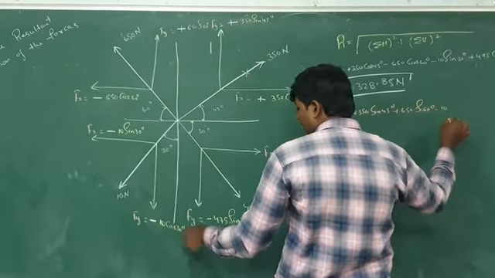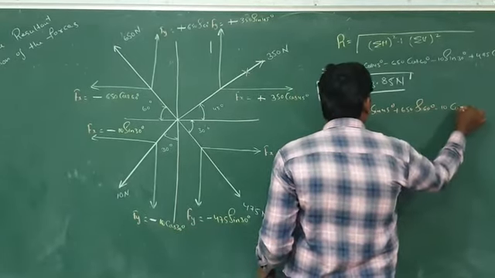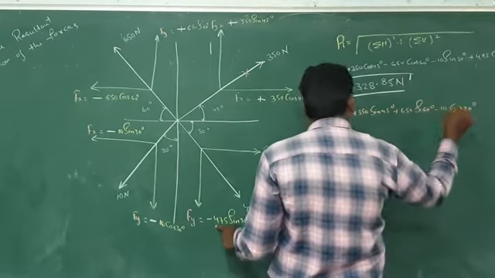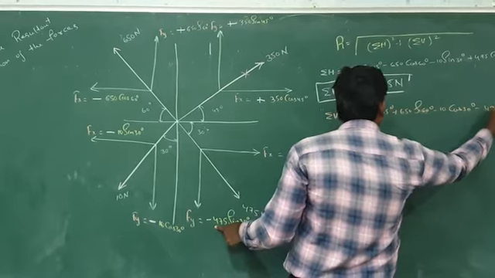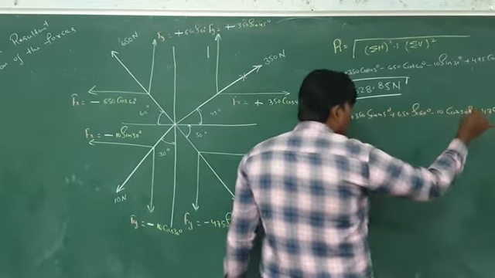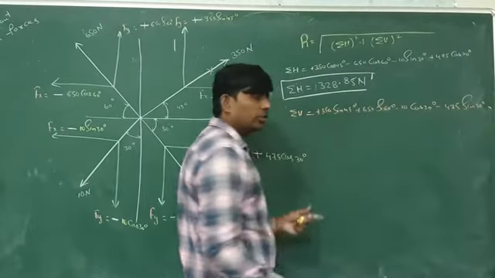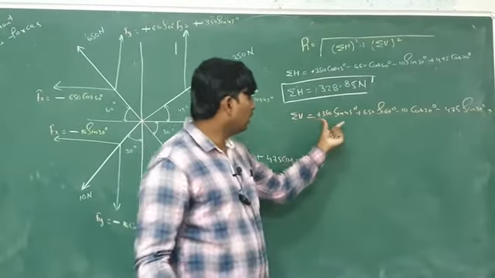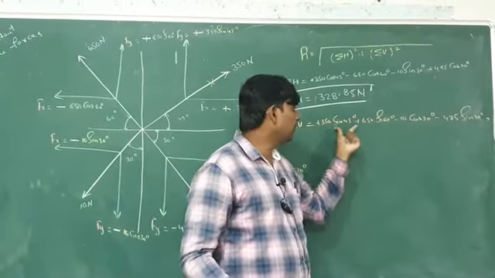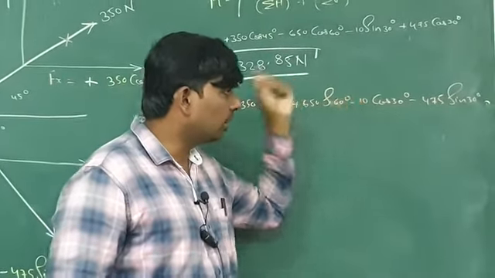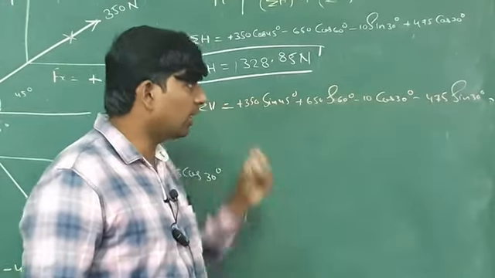Next one is minus 10 cos 30. Next one is minus 475 sin 30. See here, 4 forces are there with respect to the sign. 350 sin 45, 650 sin 60, minus 10 cos 30 and minus 475 sin 30.